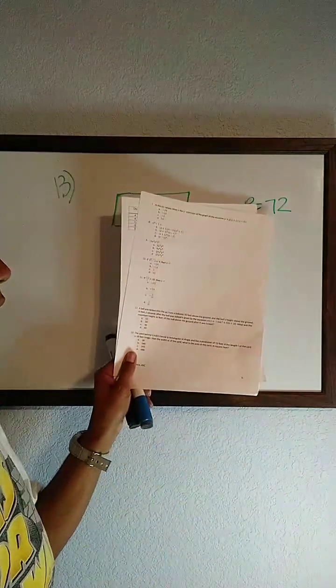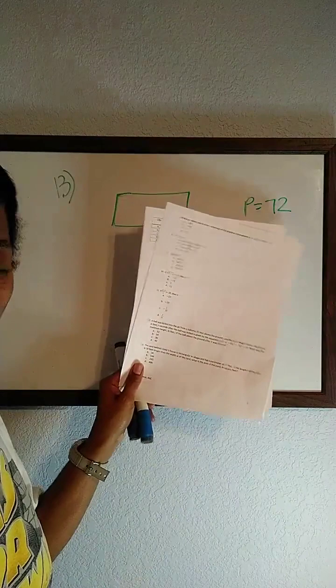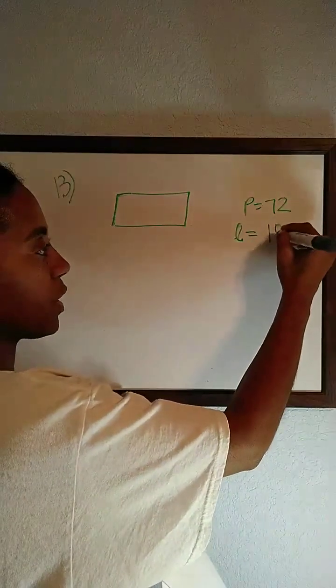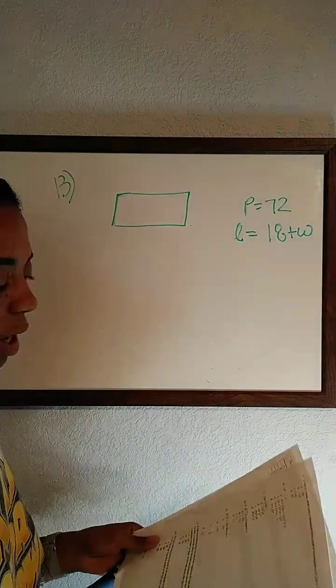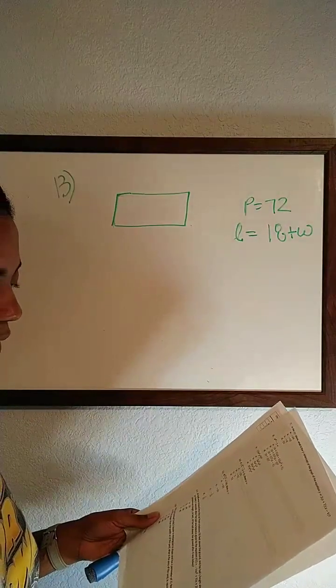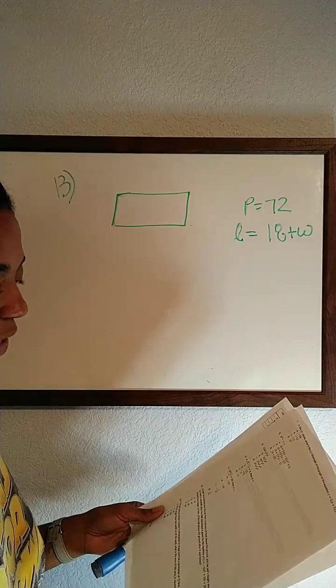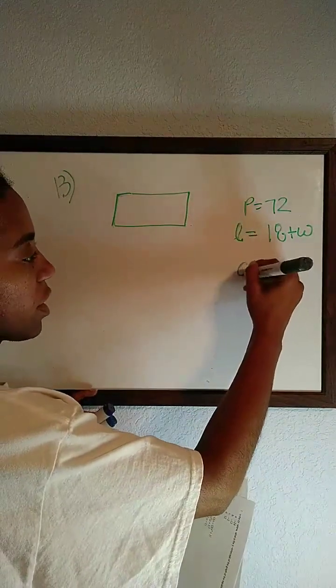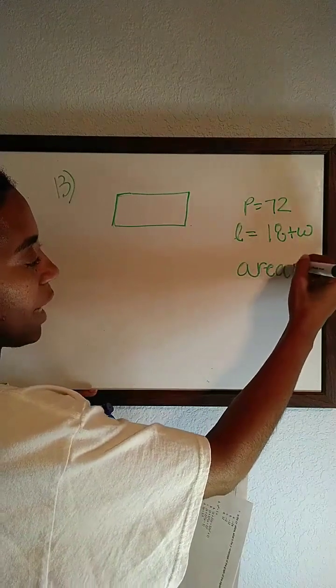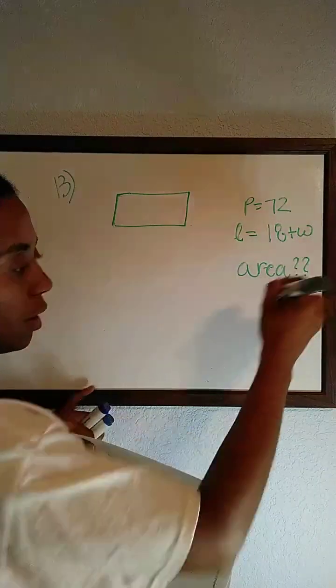Let's talk about the length. 18 plus W? Yes, 18 plus W, because did it tell me what the width was? No. So we're gonna let that be W. And then it asks, what's the area? So this question is asking me to find the area.